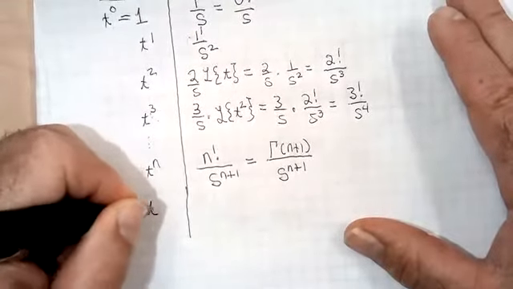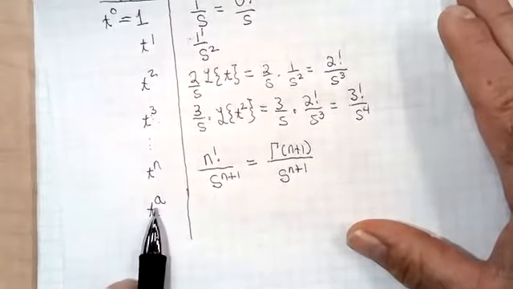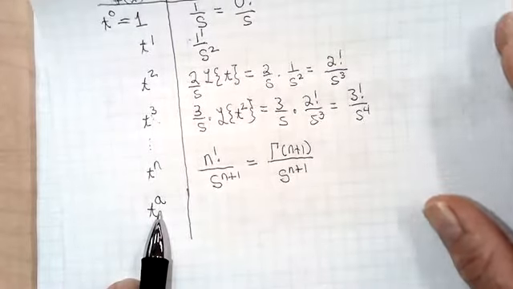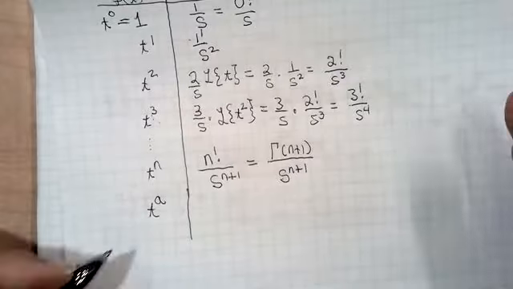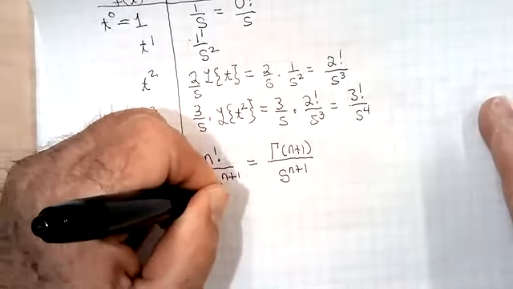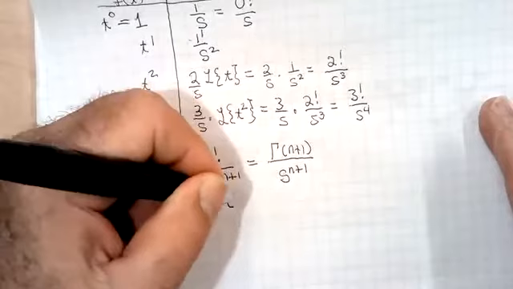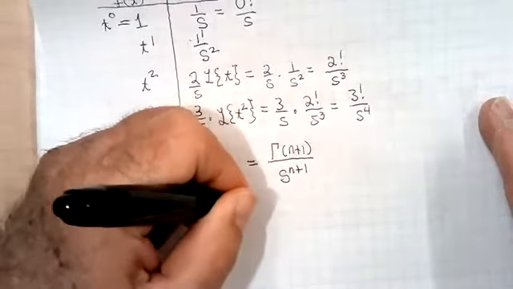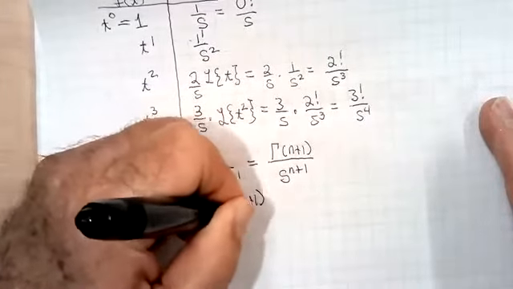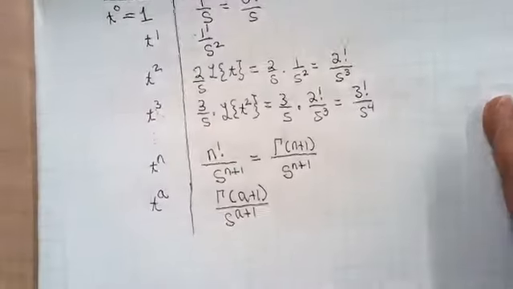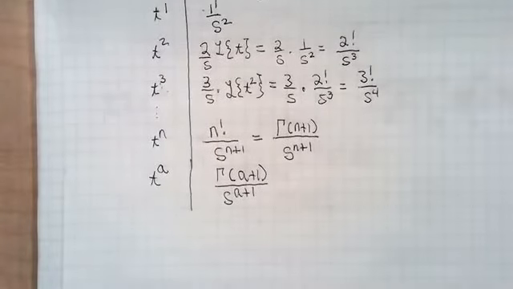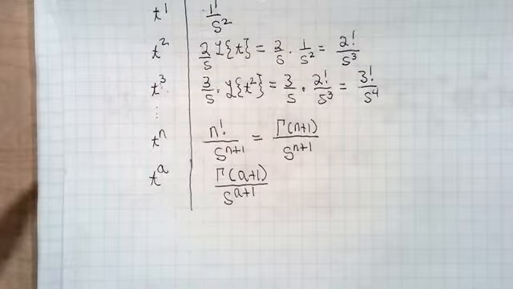What if you had t to the a power, where a now is not an integer? It's positive, but not an integer. So like 3.5 or something like that. Well, a good guess would be that its transform is gamma of a plus 1 over s to the a plus 1. And it would be nice if we could show that that's true, or at least discover what it is instead of this, if that's wrong.